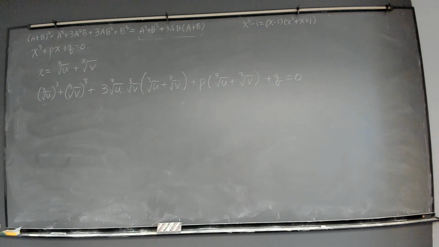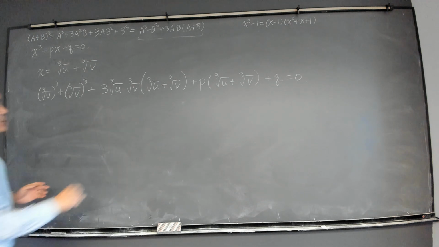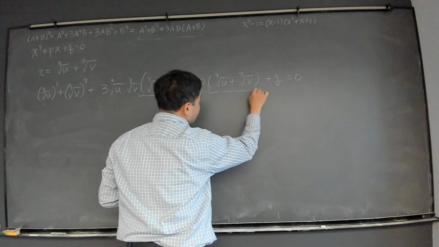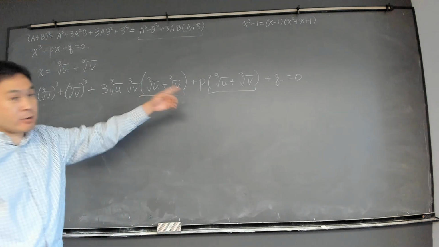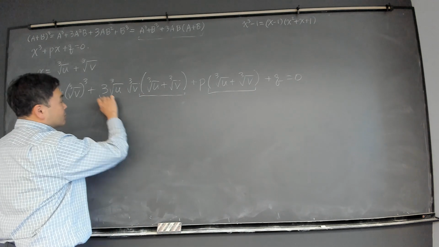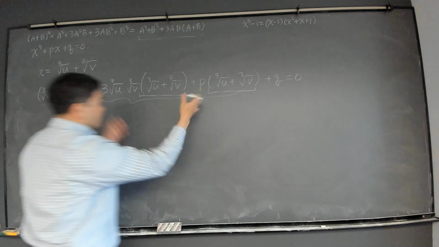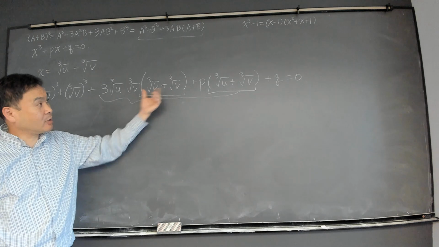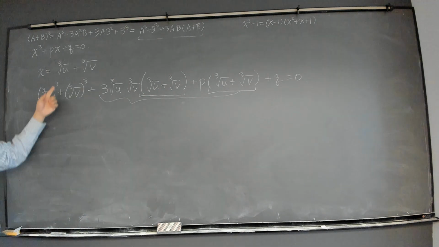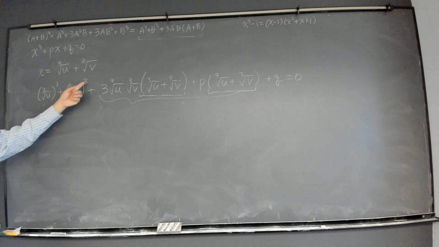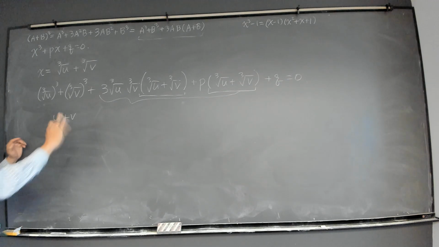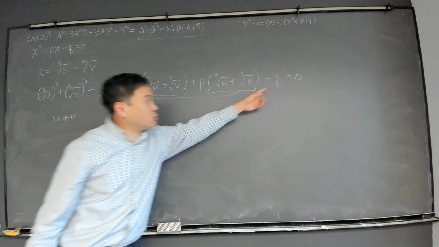And then I see that you have cube root of u plus cube root of v appearing here and there. So I'm going to think of these two as like terms, so I'm going to group these and factor this out. On the other hand, the cube is going to cancel the cube root, so I'm just going to get u plus v without anything, so I'm going to group it with this q.